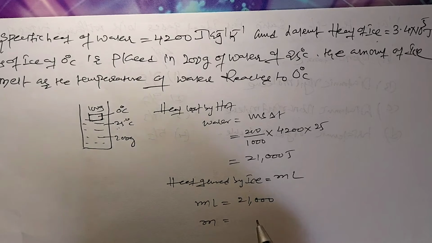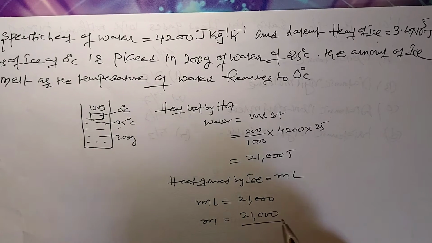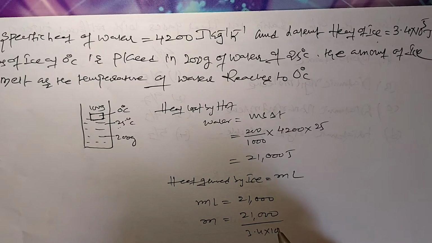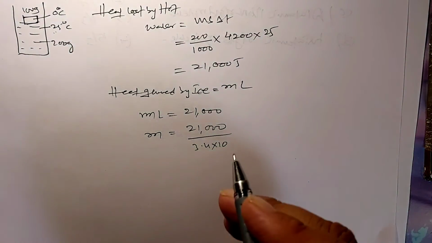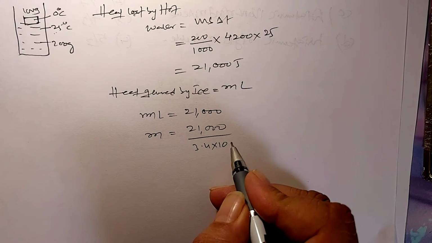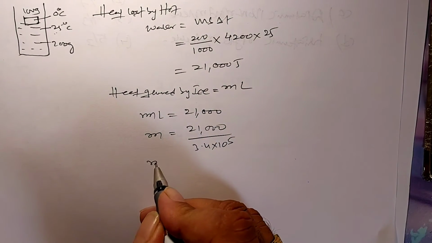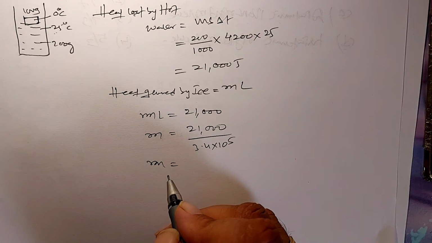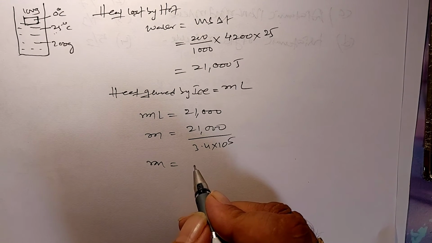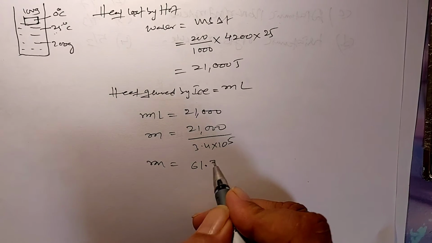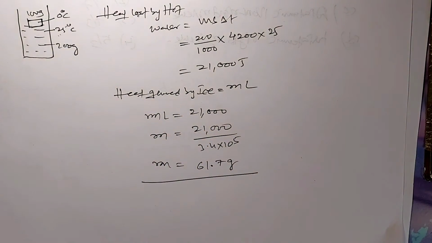We want to find m. The value of L is 3.4 into 10 to the power 5. By calculating this equation, we get 61.7 grams.